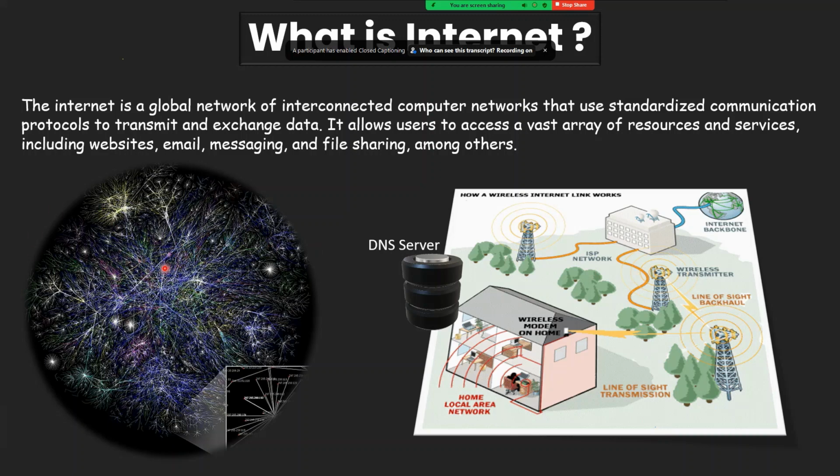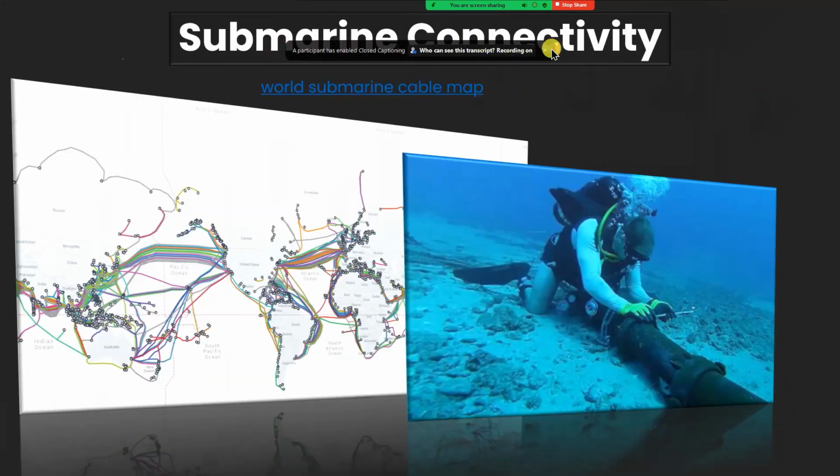And this is how servers are placed, how they make a network. These lines are the connections, and these dots are the servers which serve some data, like submarine connectivity.